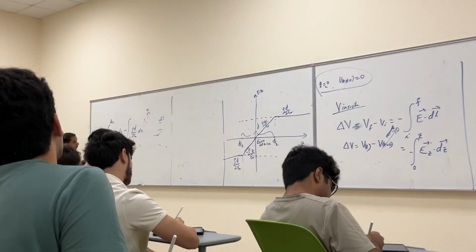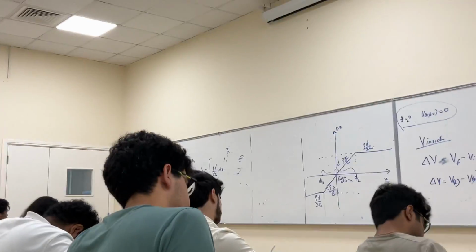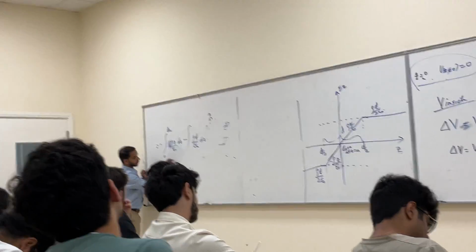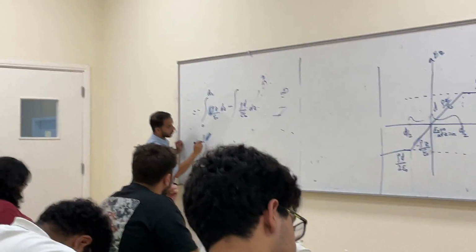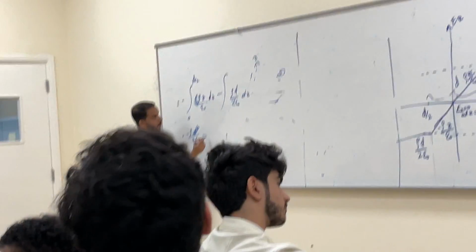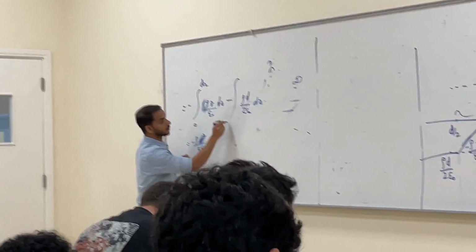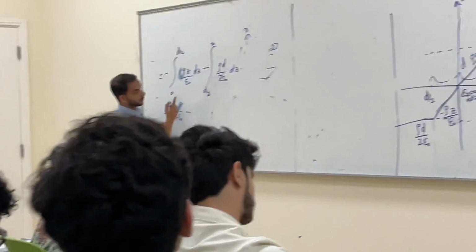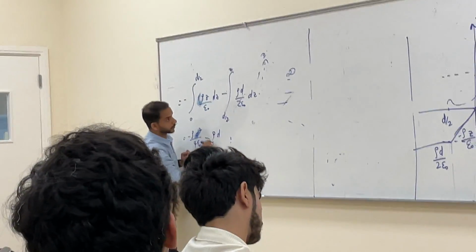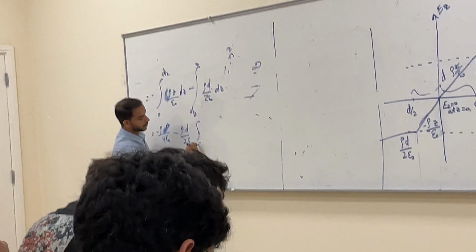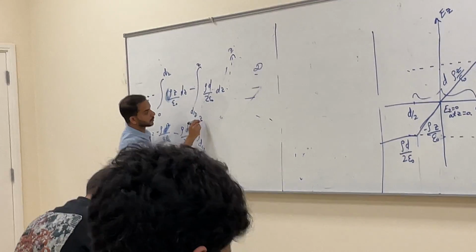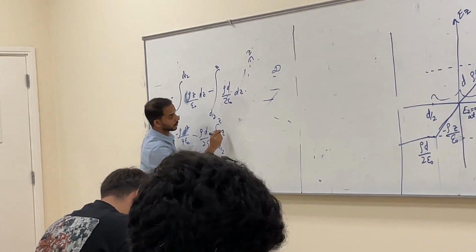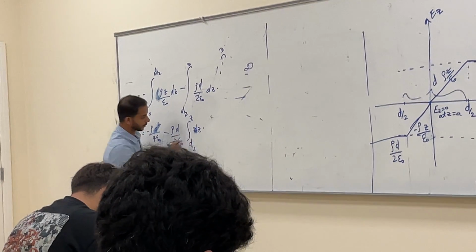So this will be rho Z square, if you do this one, D square by 4 epsilon 0 minus, this one will be D by 2, integral D by 2 to Z, dz.